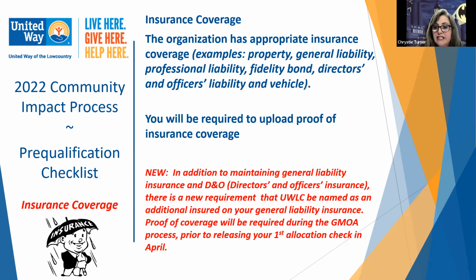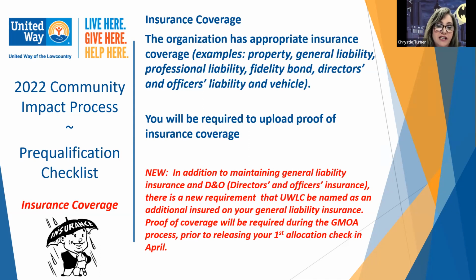Okay, so there is a new addition to the insurance coverage. This is brand new, so I want all of my current partner agencies to make sure that they're hearing this. We had all of our GMOA reviewed by lawyers and by other key individuals.